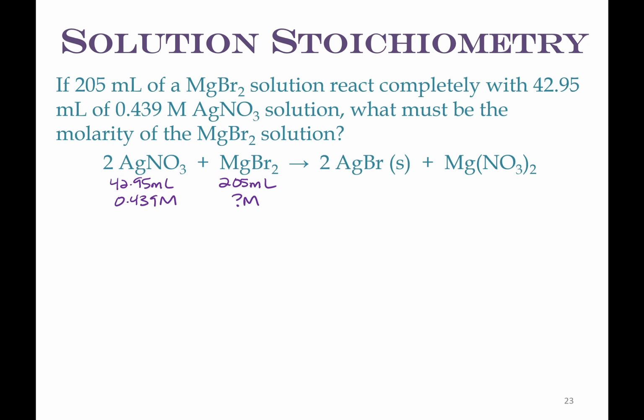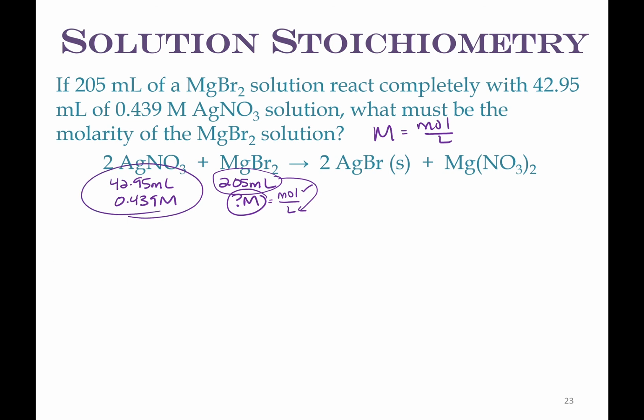So this is pretty similar to the second one that we did, but I just want to remind you that molarity is moles divided by liters. Now here, we want to know the molarity, so we need to know moles and we need to know liters. We have the volume, so we can find the liters. We need to convert this to moles. So we need to find moles of magnesium bromide by starting with the information about silver nitrate.